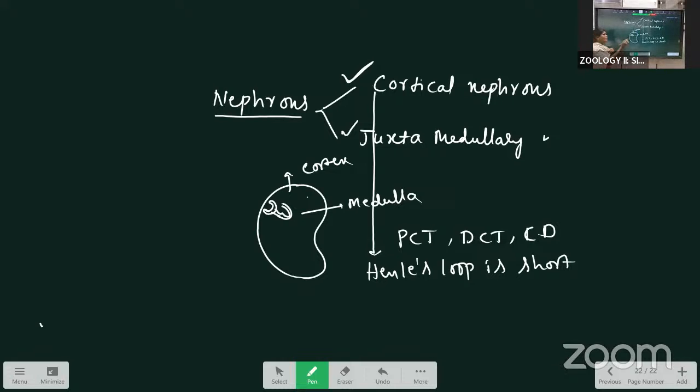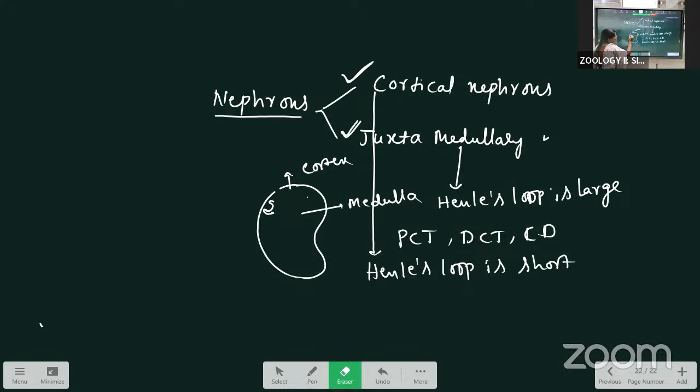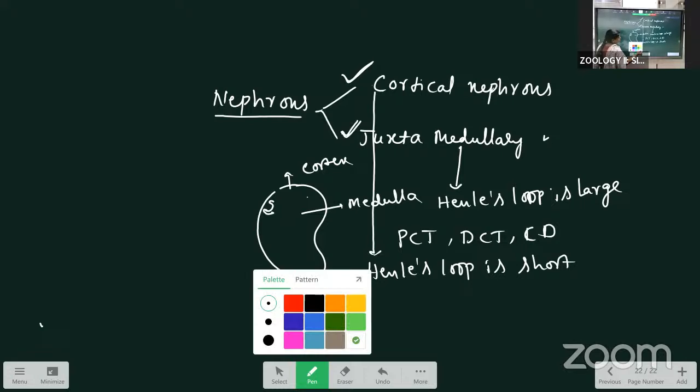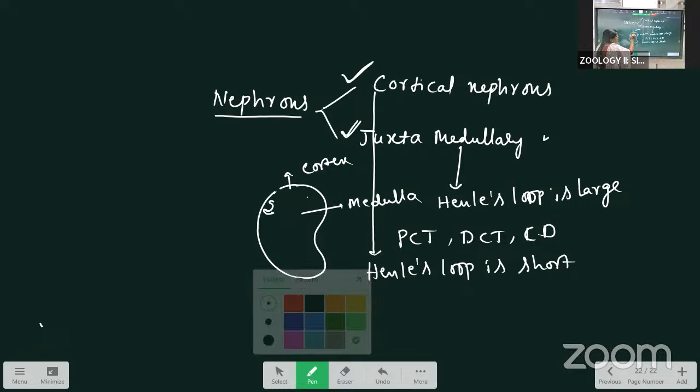Next, what about the juxtamedullary nephrons? In this, the difference is that the Henle's loop is large. The large Henle's loop enters inside of the medulla.